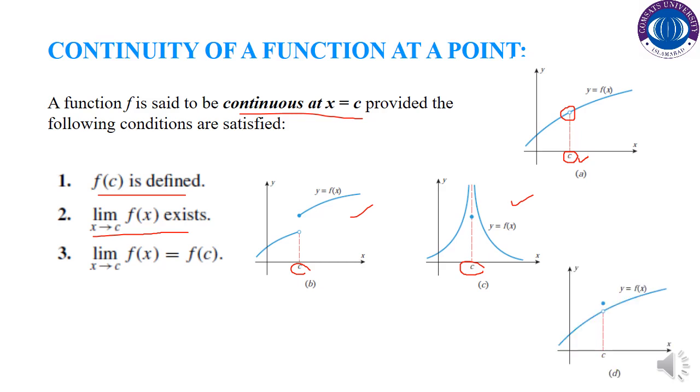This graph, the D graph, is also a discontinuous graph because the value of the function at c and the limit of the function at c are not equal. So for continuity, the value of the function at c and the value of the limit as x approaches c must be the same.